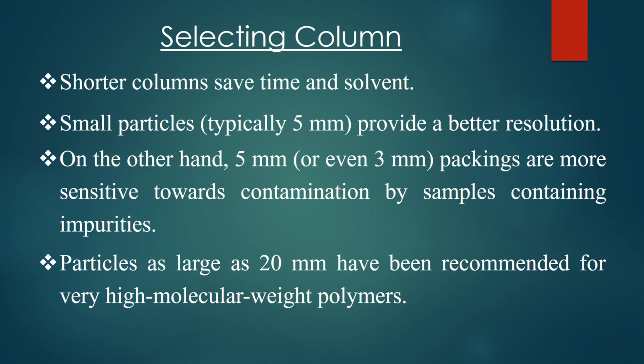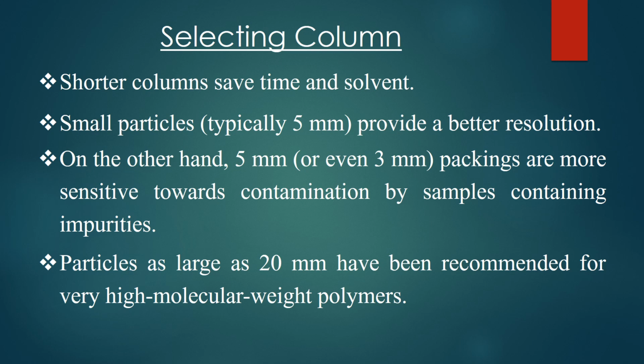Selecting column. Shorter columns save time and solvent. Small particles, typically 5 mm, provide a better resolution. On the other hand, 5 mm or even 3 mm packings are more sensitive towards contamination by samples containing impurities.